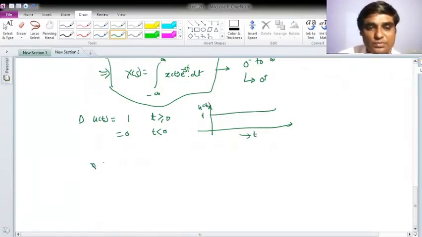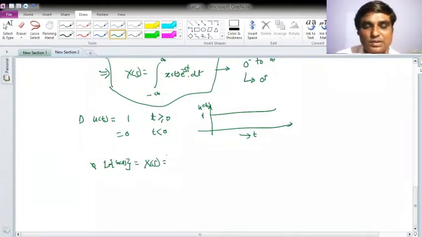So the Laplace transform of u of t, or I can write x of t also, will be x of s, which exists from 0 to infinity. So I'll use 0 negative to infinity. Let me change this variable; we can define u of t later also.